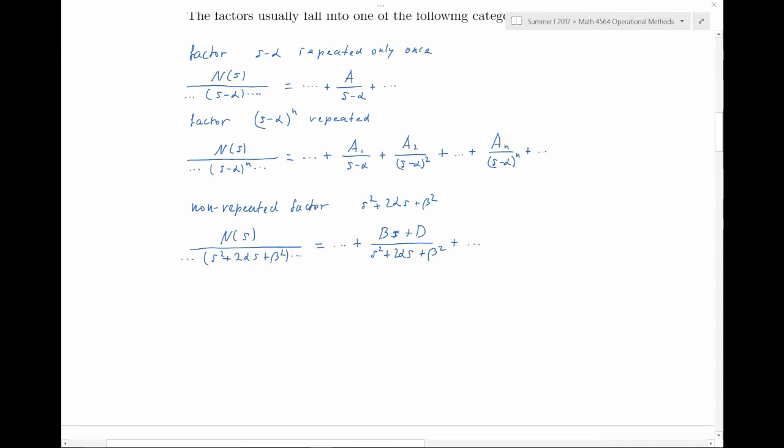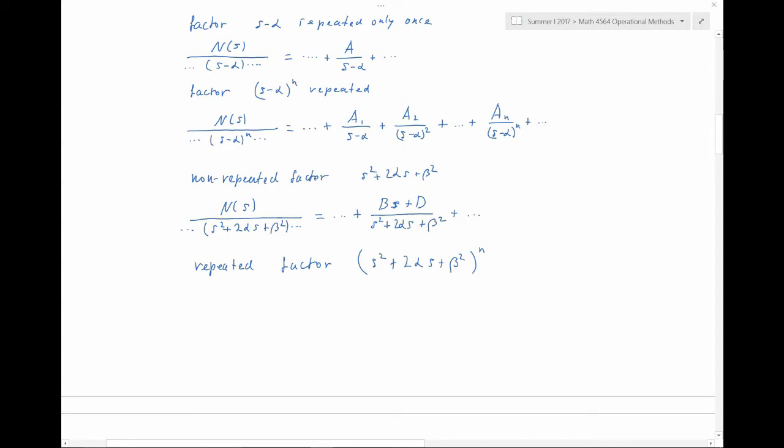The fourth case is when we have a repeated irreducible quadratic factor several times.